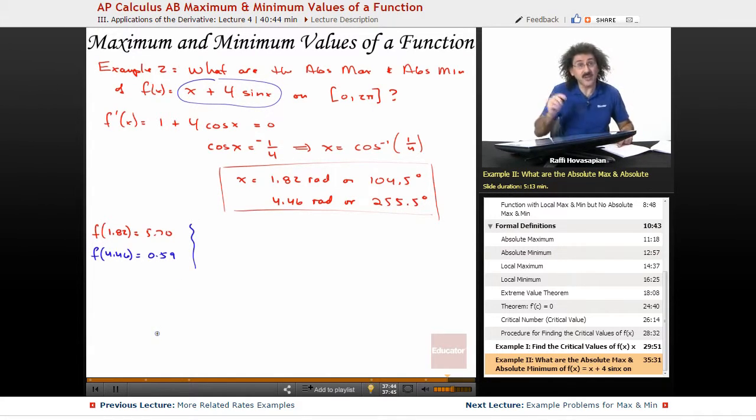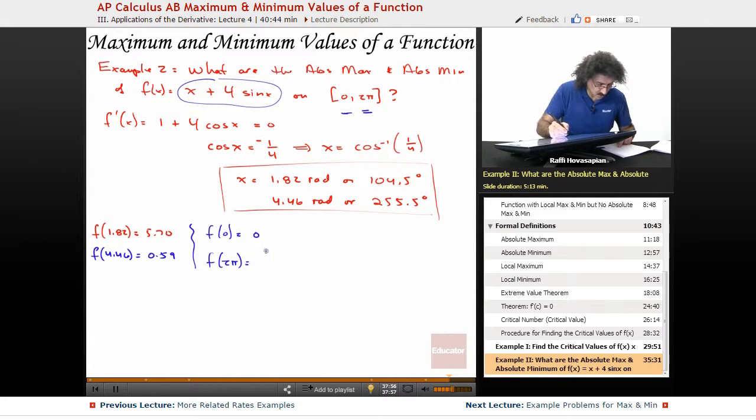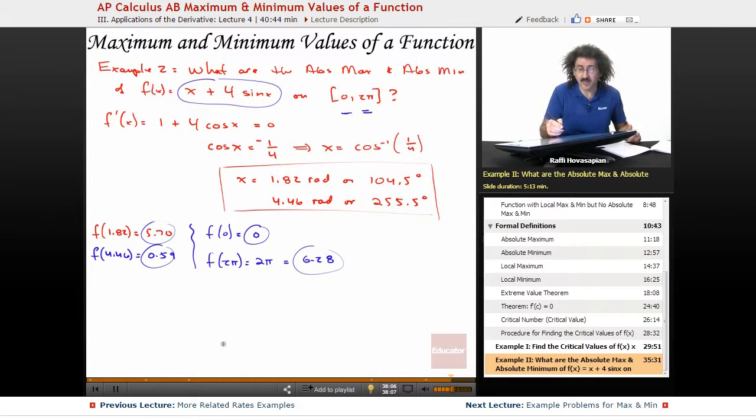Now I'm going to evaluate at the endpoints 0 and 2 pi. So f of 0 is equal to 0, and f of 2 pi, well, that actually equals 2 pi, which equals 6.28. So now I have 5.7, 0.59, 0, and 6.28.